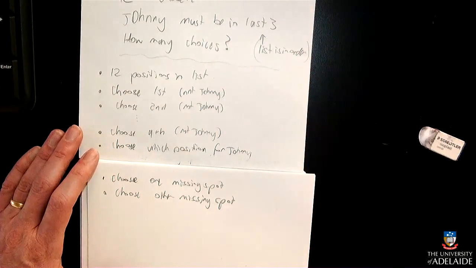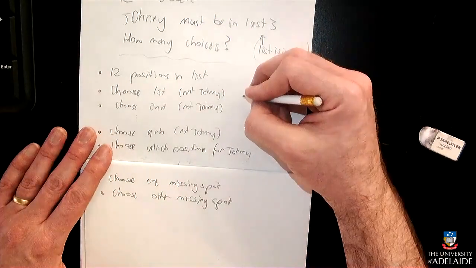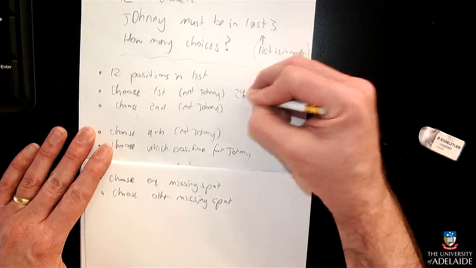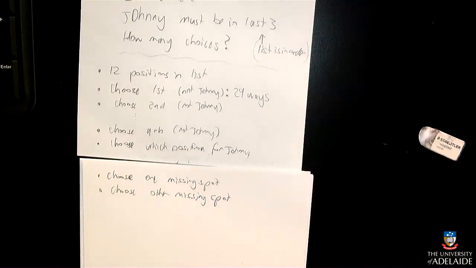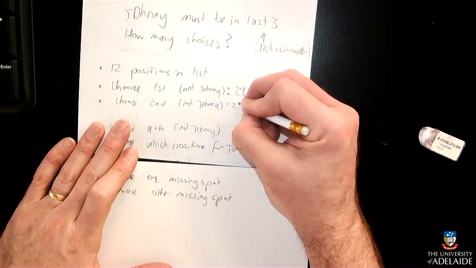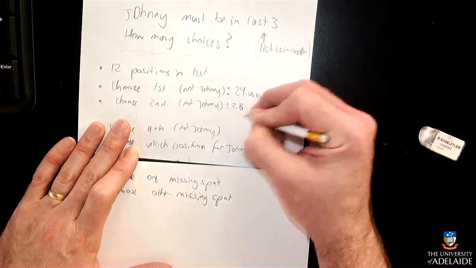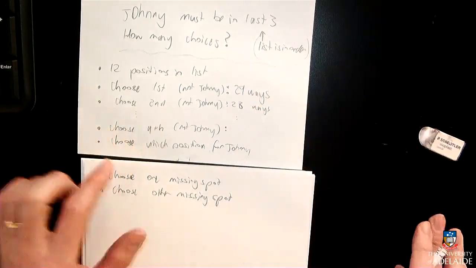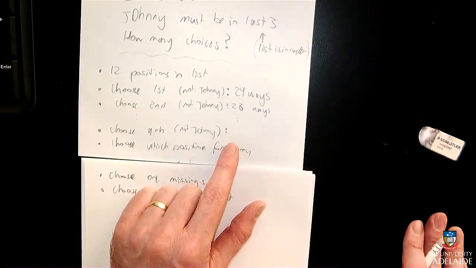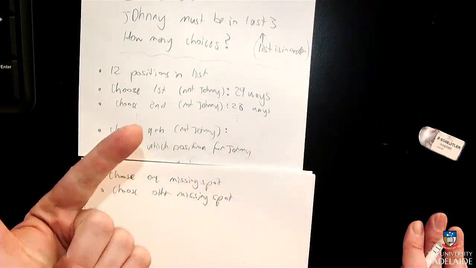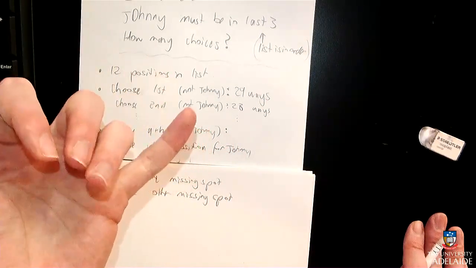If we choose the first person who isn't Johnny, that's 29 ways, because there's 29 people who aren't Johnny, and any of them can go in that first spot. And no matter which person I put in the first spot, there are 28 people left to put in the second spot who aren't Johnny. So when I get down to here, I've already chosen 8 people, so there's 21 people left to choose for the next one. 9, 8, 7, 6, 5, 4, 3, 2, yeah, 21.